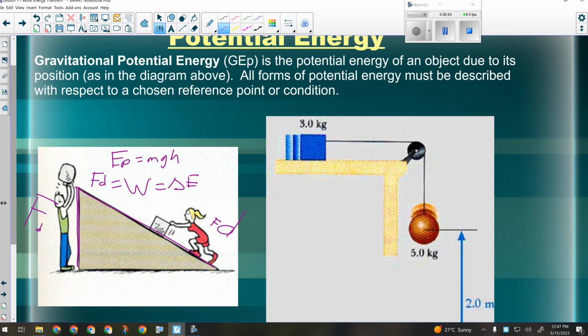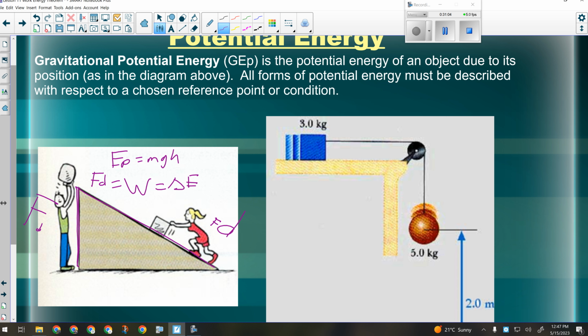If I let go of the ball, what will happen? It'll fall, and possibly it'll bounce. But if the ball is attached over a pulley to the 3 kilogram mass, if I let go, the ball will fall and the box will? It'll move, yeah, it'll slide.